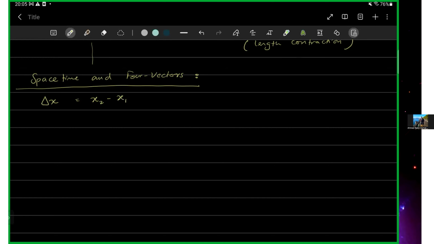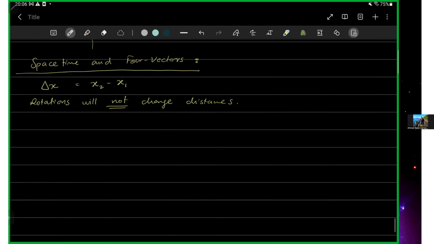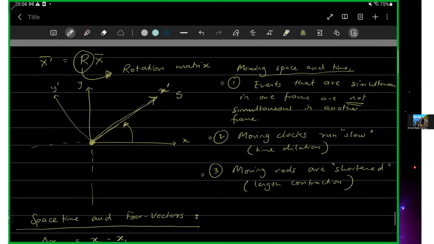However, rotations will not change distances. And what I mean by that is, think of it again from the rotation perspective. Maybe I can use the figure that I have over here.